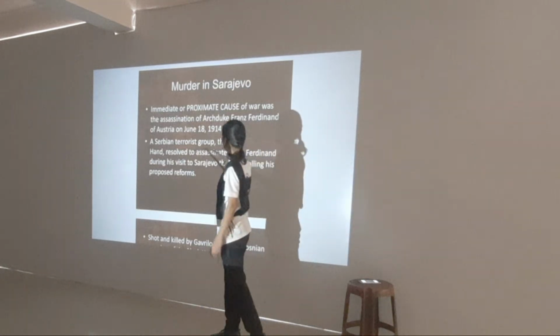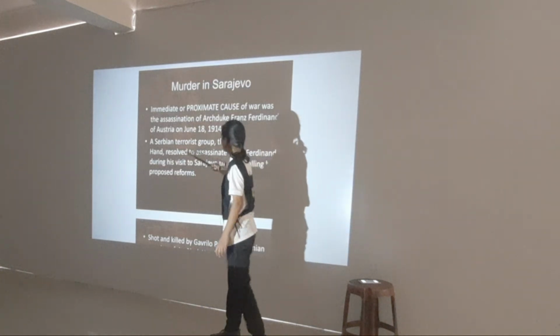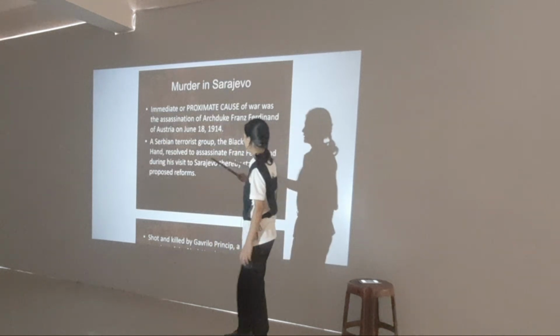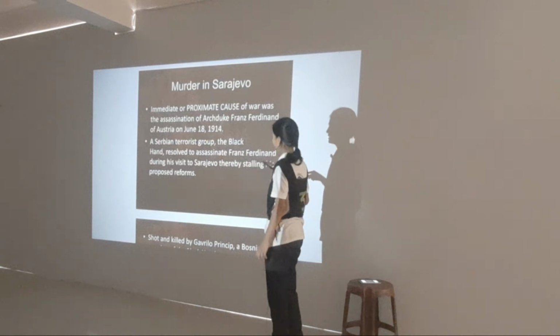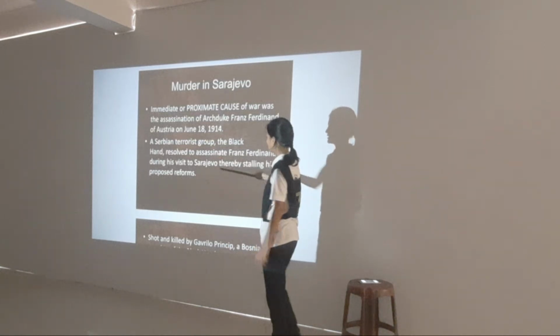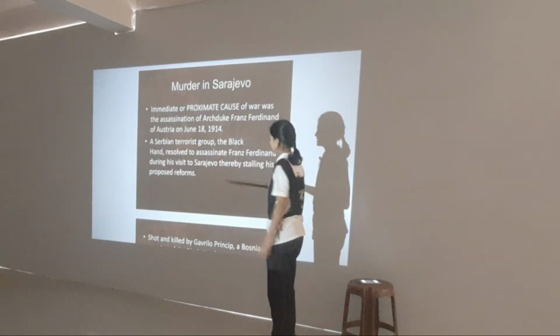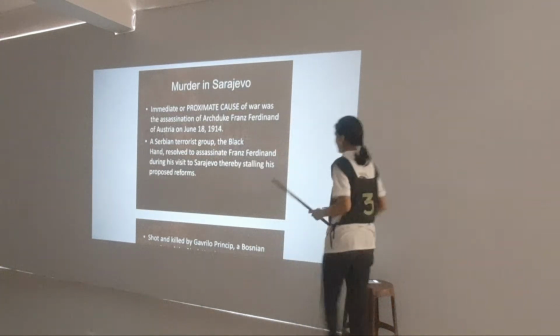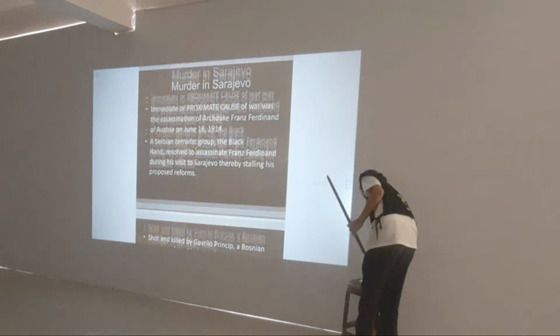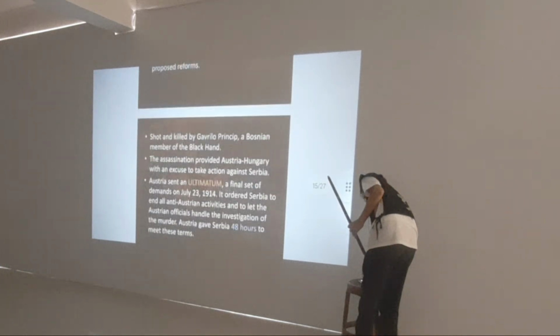The Serbian terrorist group, the Black Hand, resolved to assassinate Franz Ferdinand during his visit to Sarajevo, thereby stalling his proposed reform. He died at Sarajevo, killed by a terrorist group called the Black Hand.